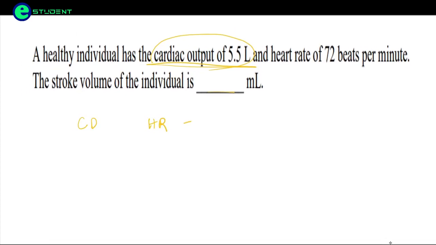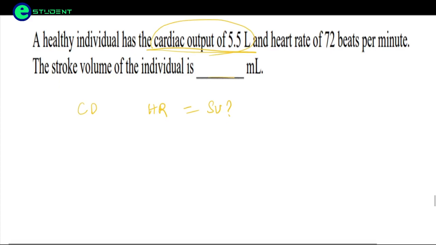So we need to find out the stroke volume. Okay. So we know that the cardiac output is always equal to stroke volume into heart rate.